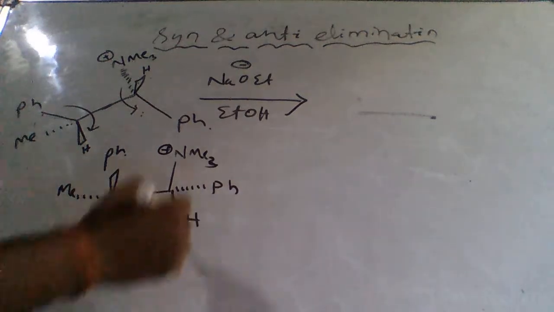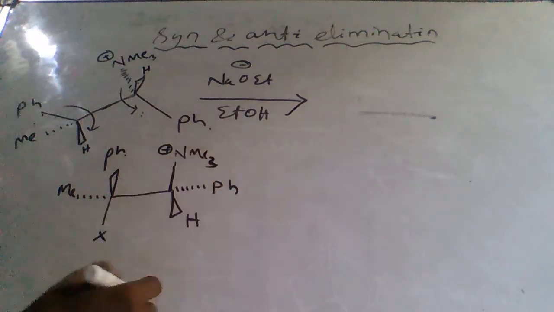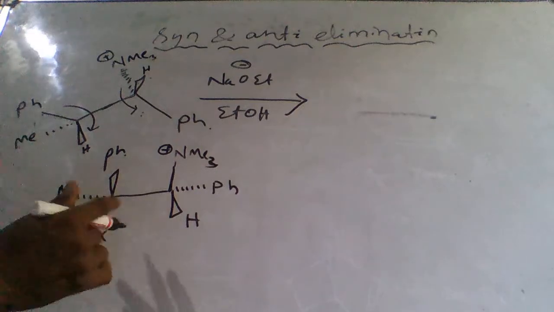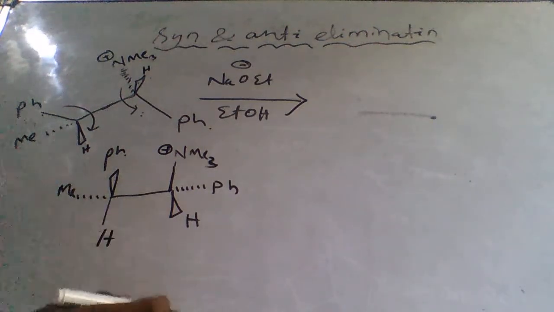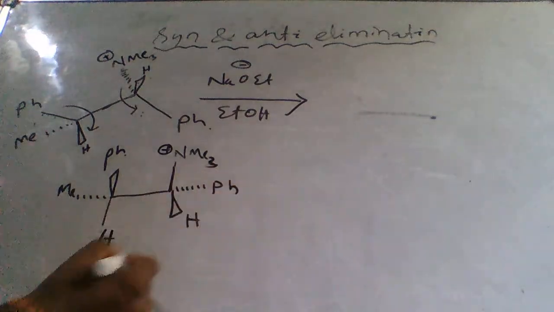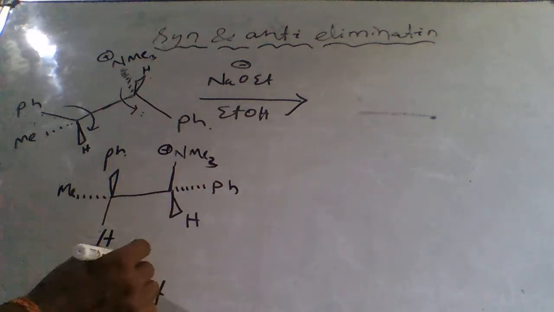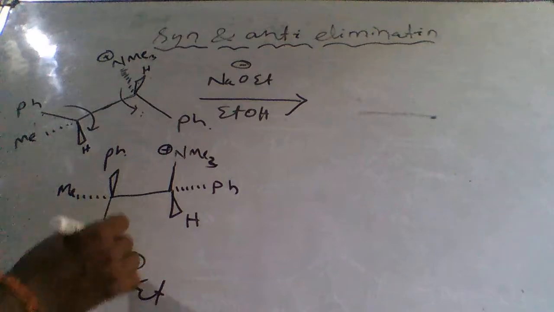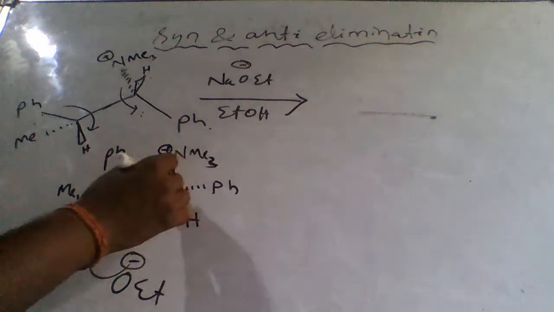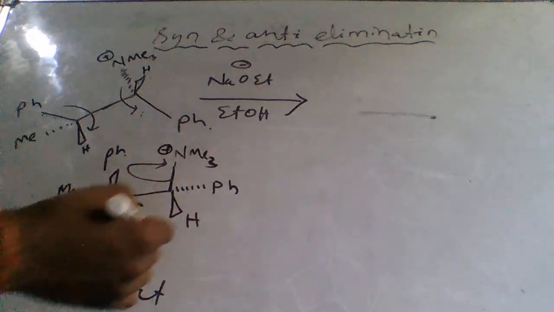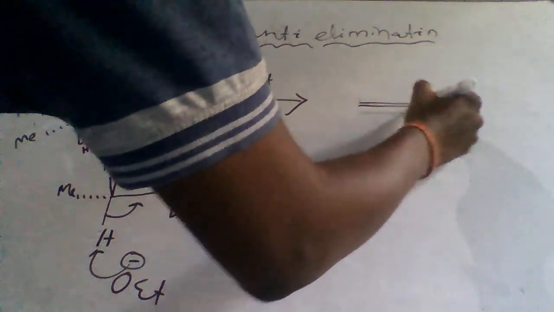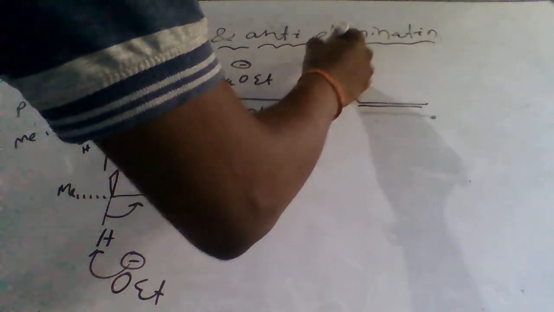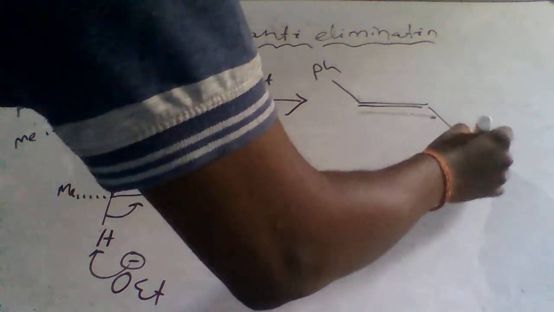Now the two groups are anti-periplanar, and elimination can take place easily. When we treat with base, it will abstract this proton, and this will go this way, and this will go this way, and the product which will be formed is the anti product.